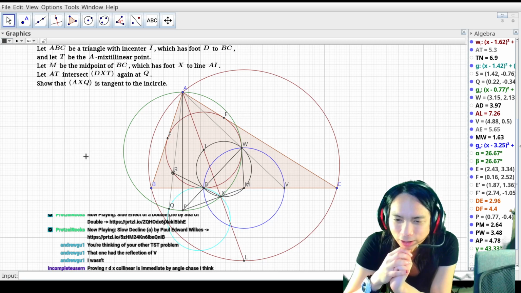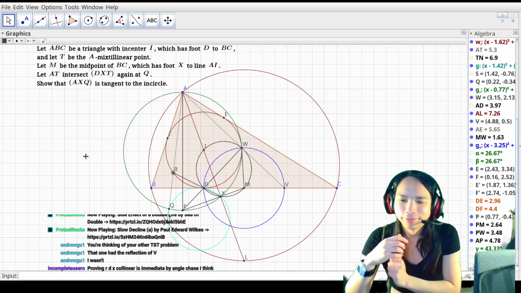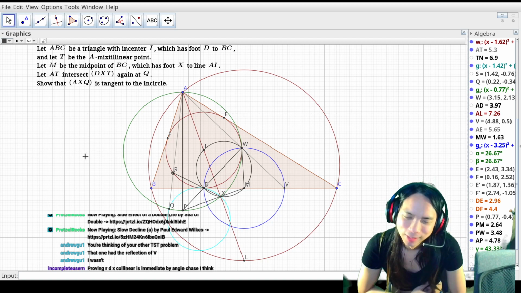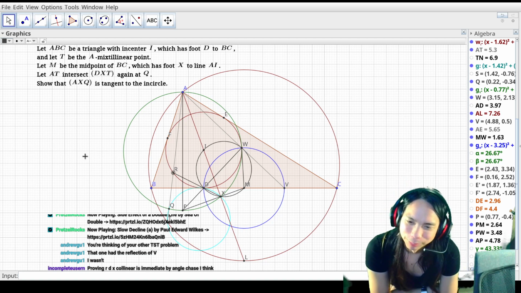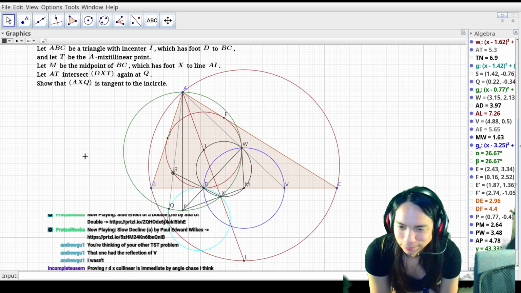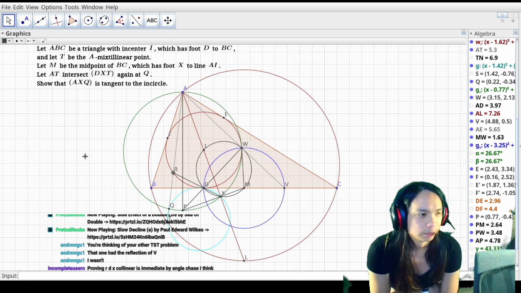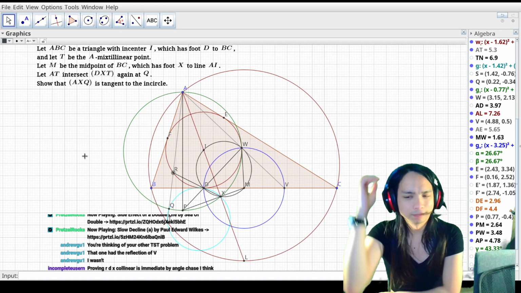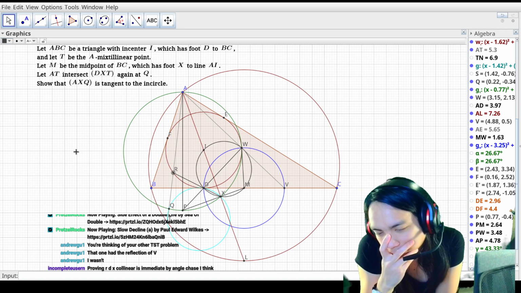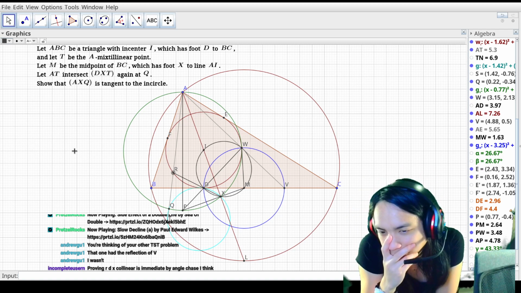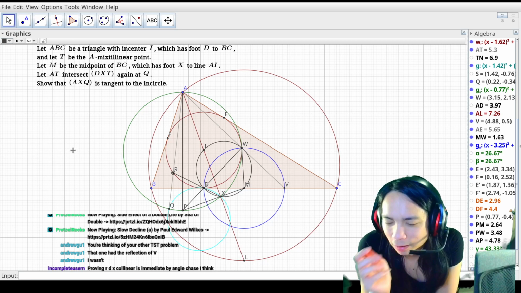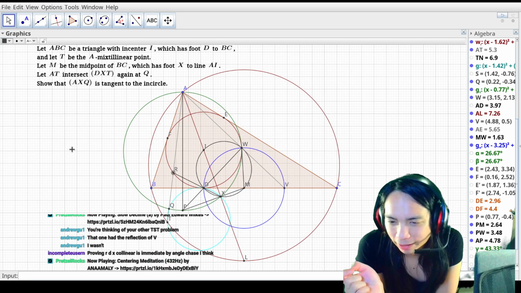The part is just, how do I use R? I was trying to see if I could do some power of a point type argument from R, because I was wondering how to get the cyan thing to be cyclic, but I don't see it yet. Oh wait, R has a power to the black circle.